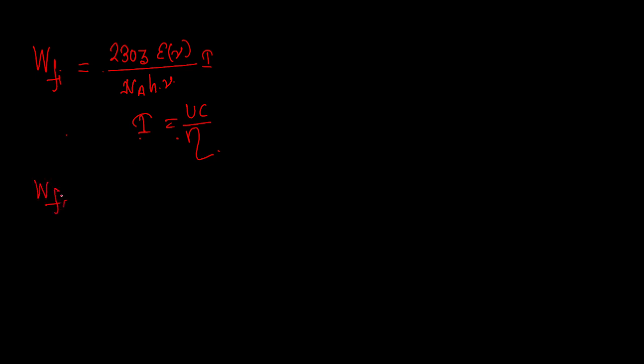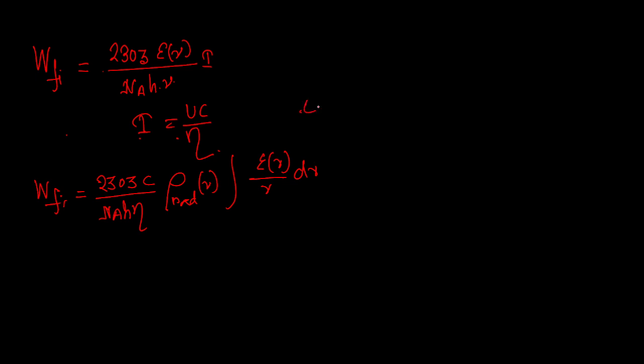Using Lambert-Beer's law, this value becomes I. Now if we give I is equal to UC by eta, where eta is the refractive index, this becomes N_a h nu, because U is nothing but nu radiation d nu.